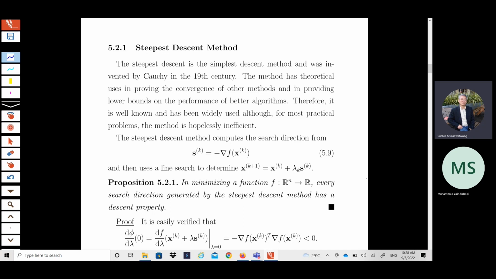Many years ago there were some students in a lab. I don't mention the name. They solved the image resolution problem using the gradient descent, and it took 3-4 days. They had to run the computer in the lab 3 or 4 days just for one problem.